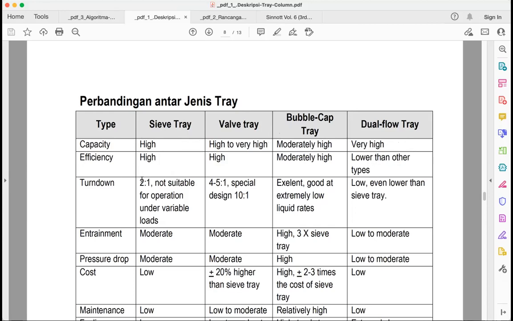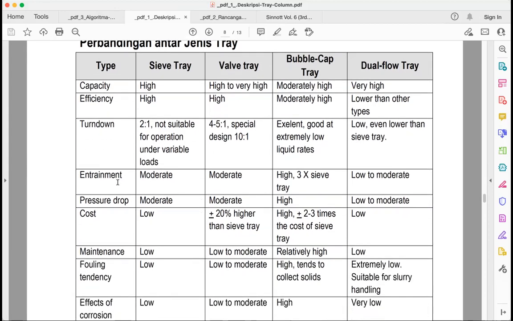For the turndown, it is 2 to 1, and the entrainment is moderate for both of them. The pressure drop is low to moderate, but the bubble cap has a high pressure drop because the vapor has to go inside those caps first as it travels.